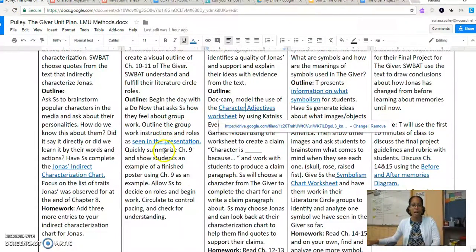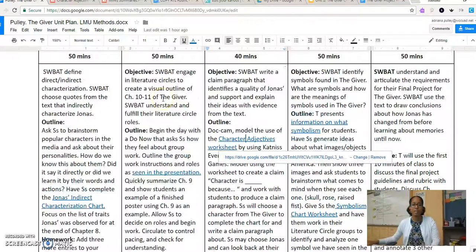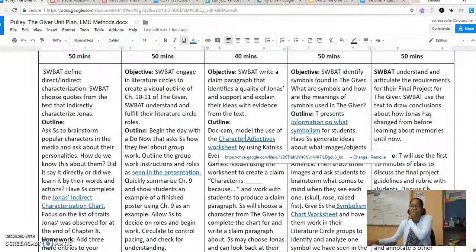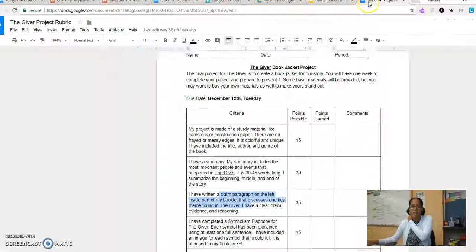Also students will be engaging in their first literature circle here on chapters 10 and 11. Also discussing symbolism, beginning to think about that, and they'll be examining the rubric for their project, which is here.